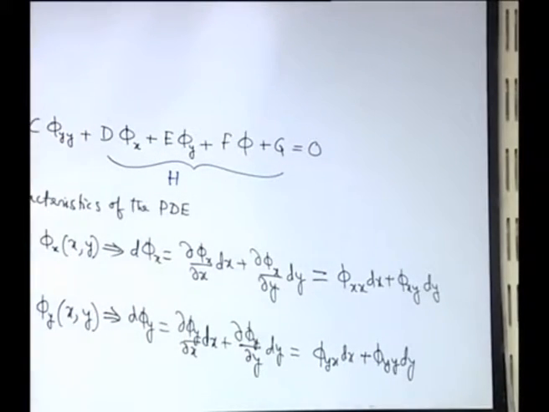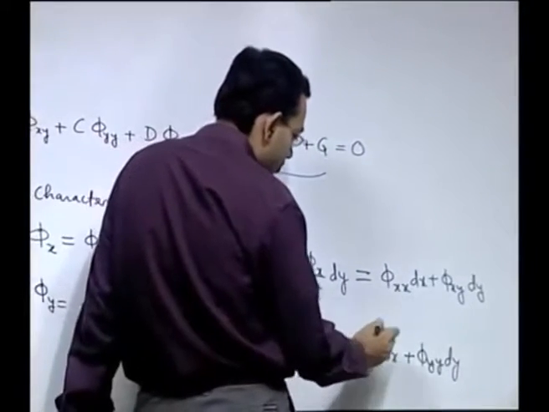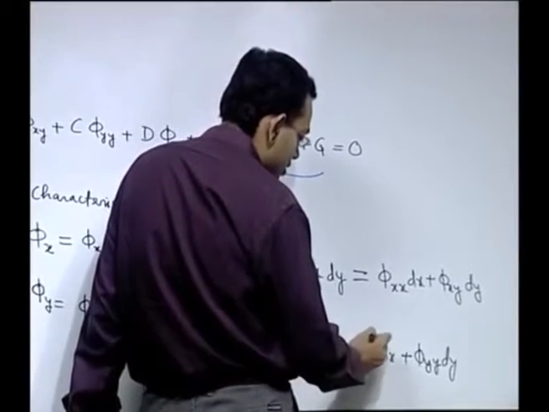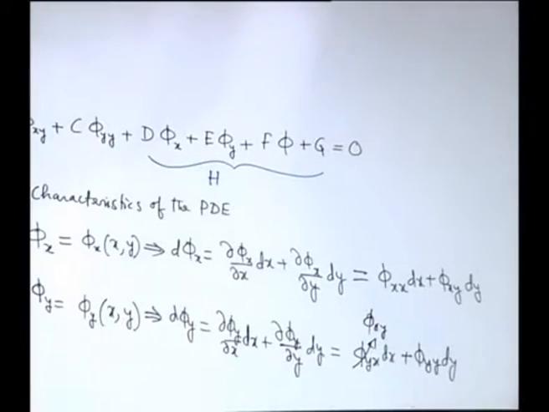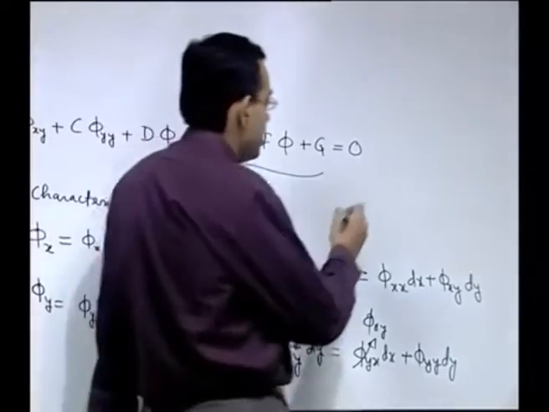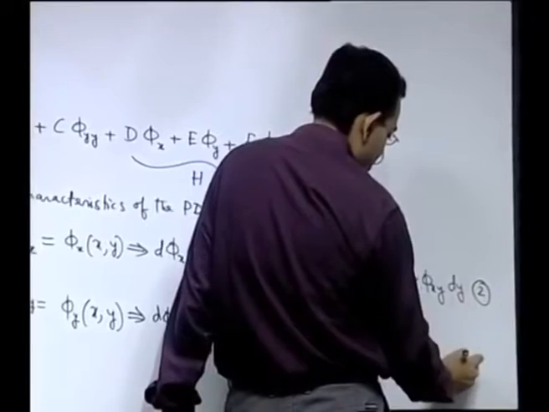Since phi yx and phi xy are the same, the order of the derivative so long as it exists does not matter. So, we can write this also as phi xy. So, let us try to organize these equations. We have now got these 3 equations 1, 2 and 3.